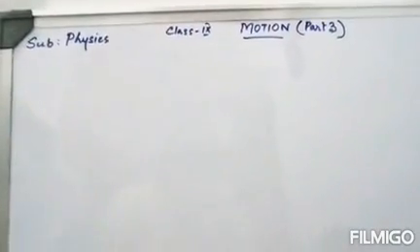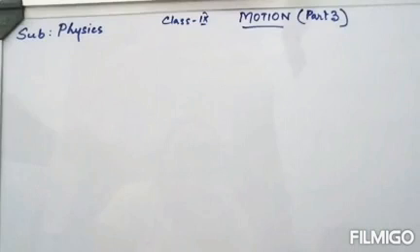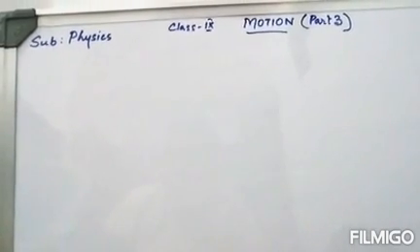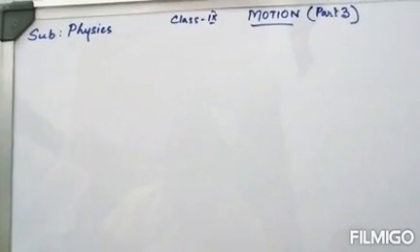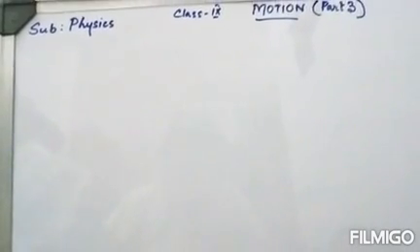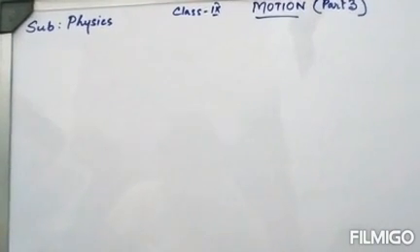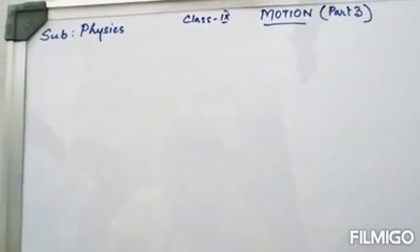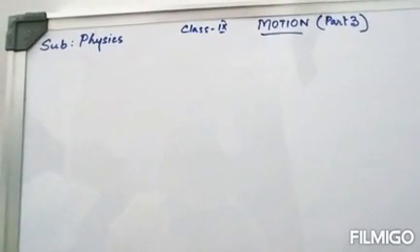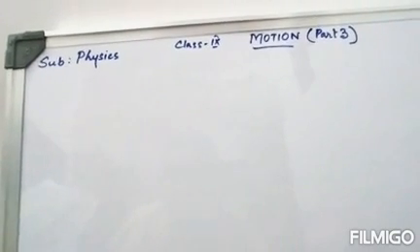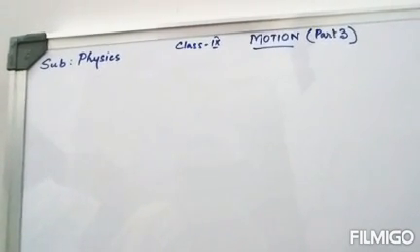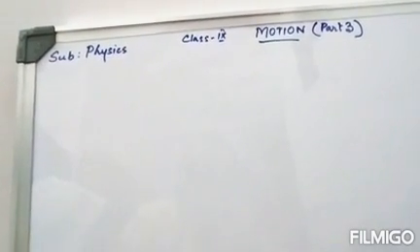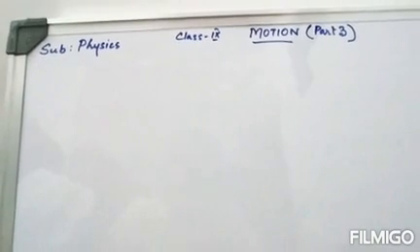So children, we are back again with physics, class 9 physics motion part 3. Last day we got an idea about motion. What are the different types of motion? What is scalar quantity, what is vector quantity, what are the different types of motion, uniform motion and non-uniform motion, what is distance, what is displacement, and then we have also come to know about speed and velocity.